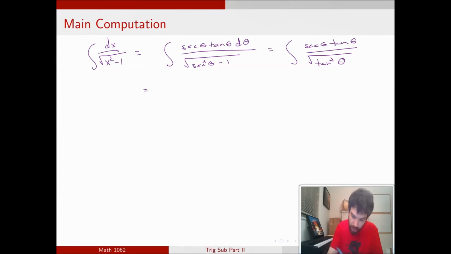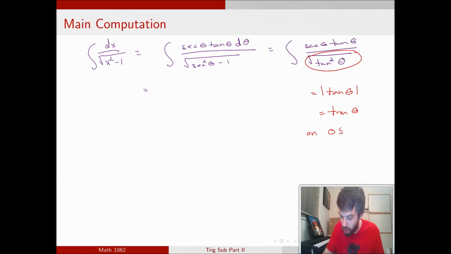So what I get to note is that the square root of tan squared, if I just take this denominator, is the same thing as the absolute value of tangent of theta. This is the same thing as just tangent theta on those domains that I chose, 0 up to pi over 2, or theta from pi up to 3 pi over 2.